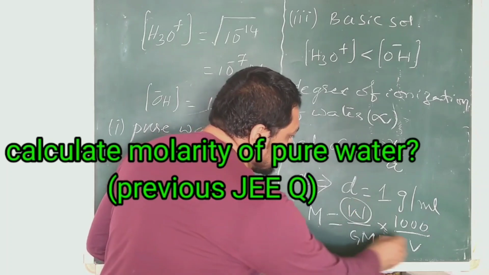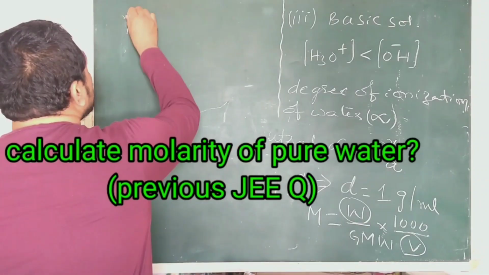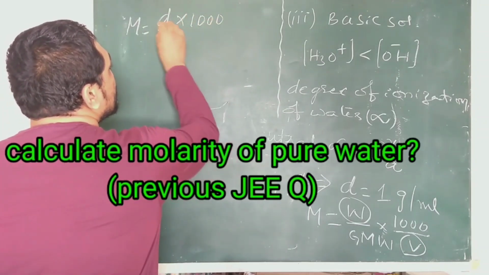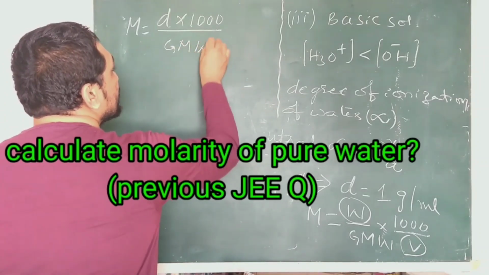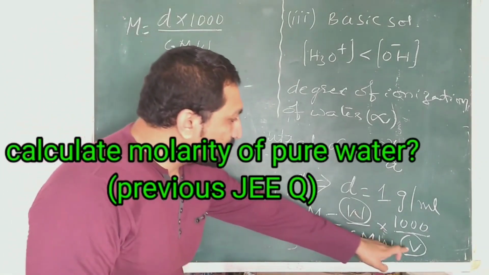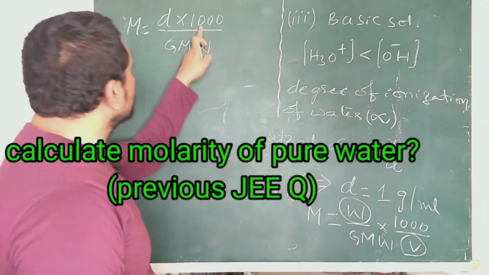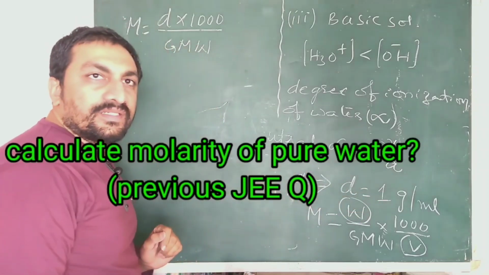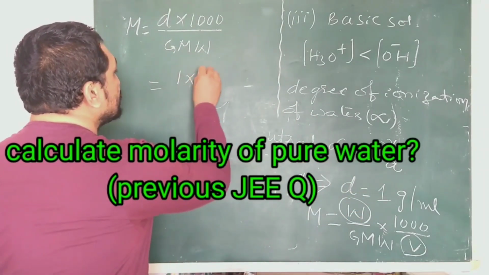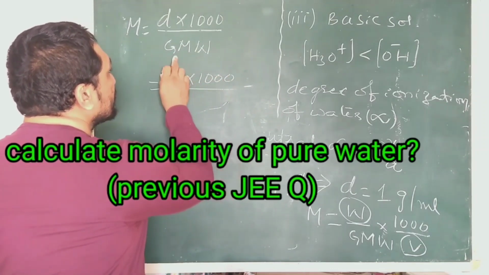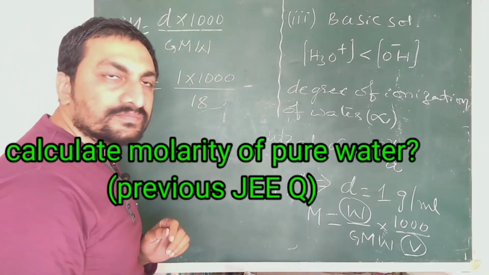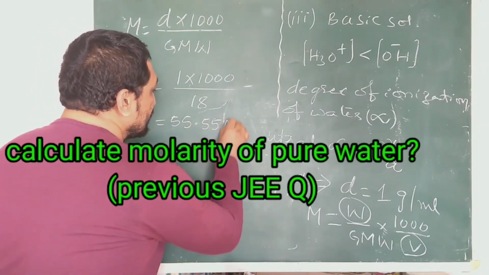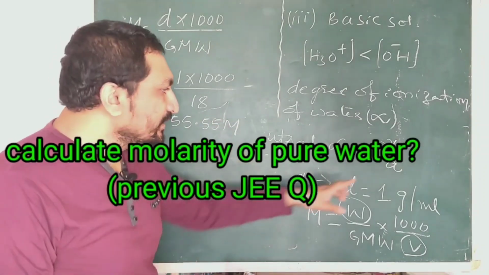Now weight upon volume is nothing but density. So molarity is equal to density into 1000 upon gram molecular weight. Now in this I will put the density value 1. So density 1 into 1000 upon gram molecular weight of water, 18. After calculation, 55.55. This is the molarity of pure water.